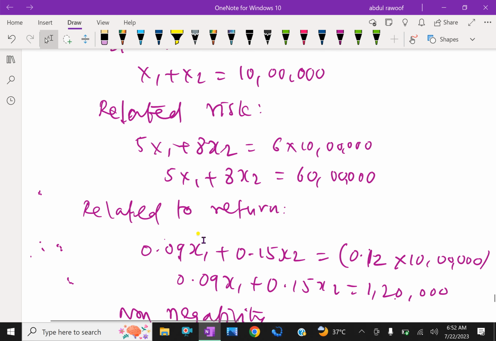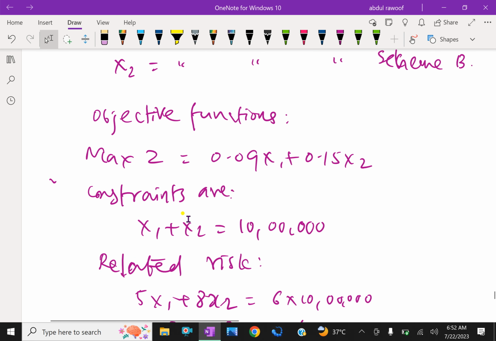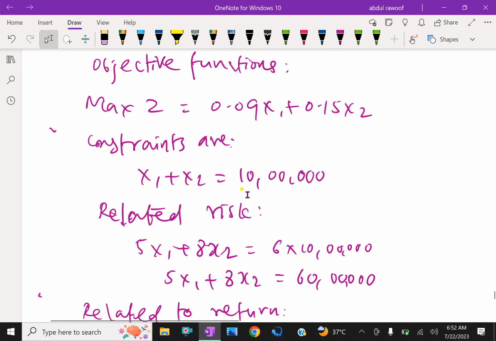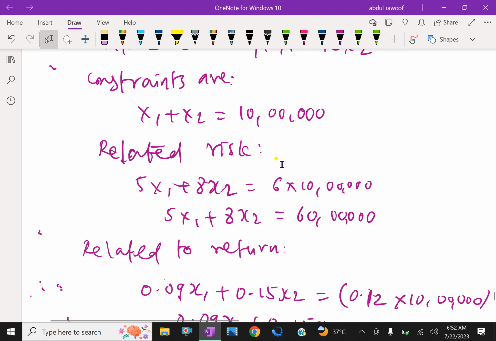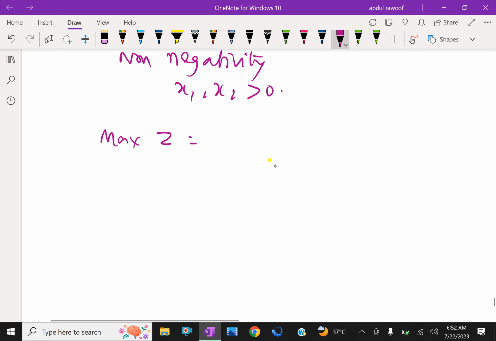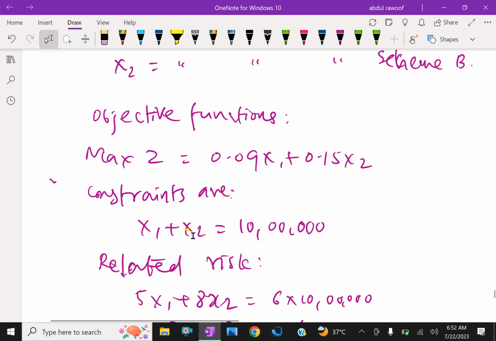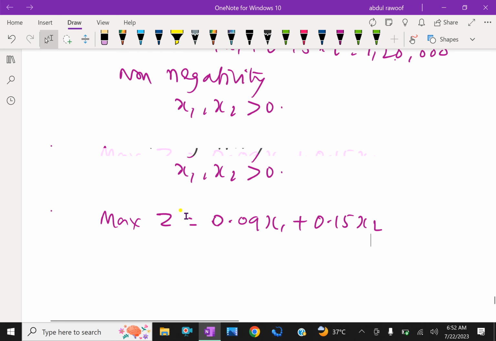Now we'll write everything combined. Max Z equals 0.09x1 plus 0.15x2, subject to x1 plus x2 equals 10 lakh.